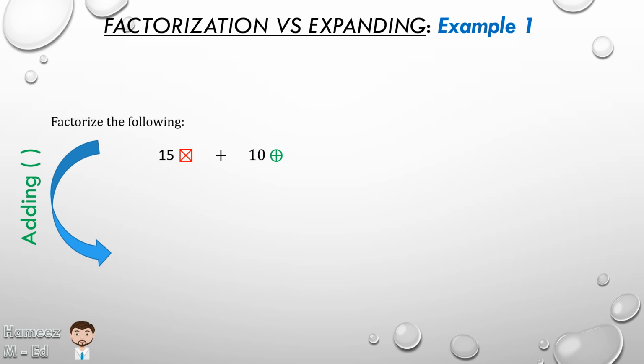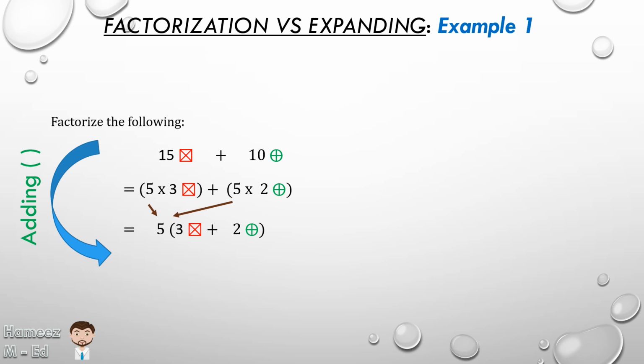Now we rewrite this as 5 times 3 squares and 5 times 2 circles. We can now extract the 5 since it's the same in both of them, and what we are left with inside the brackets is 3 squares plus 2 circles.